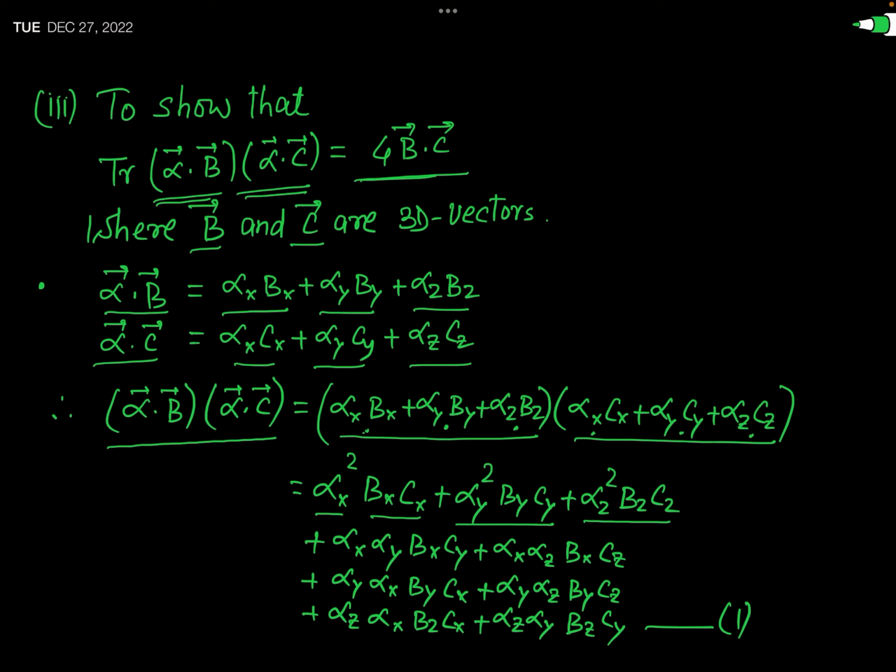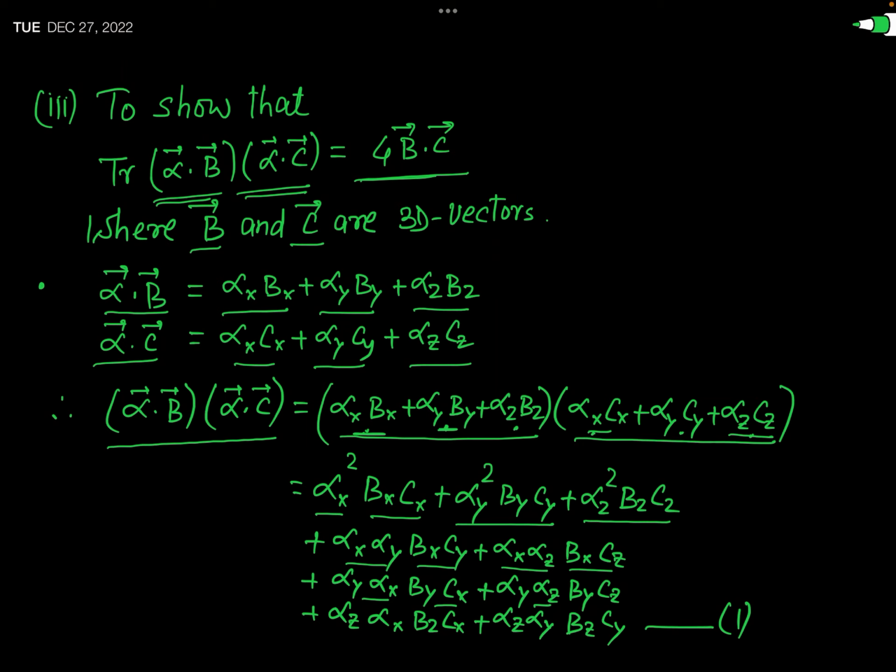Now start to find the product of this alpha x bx with the remaining terms, that is alpha y cy plus alpha z cz. After taking that product, your result will be alpha x alpha y bx cy plus alpha x alpha z bx cz. Now we will take the product of this alpha y by with the remaining terms, that is alpha x cx and alpha z cz, and that product will be alpha y alpha x by cx plus alpha y alpha z by cz.